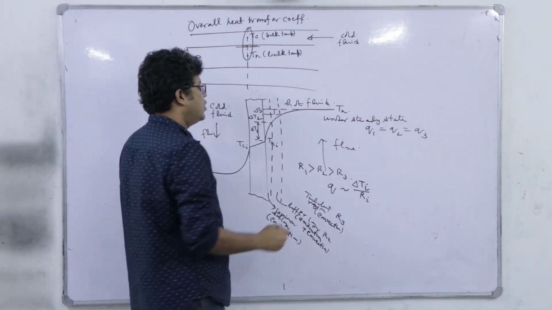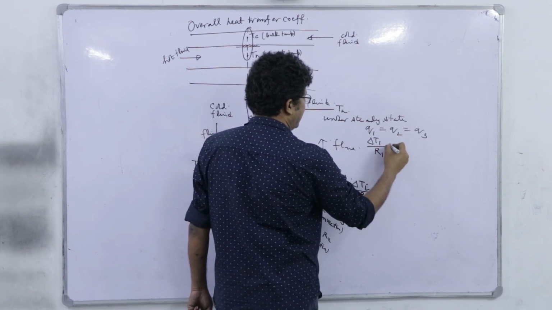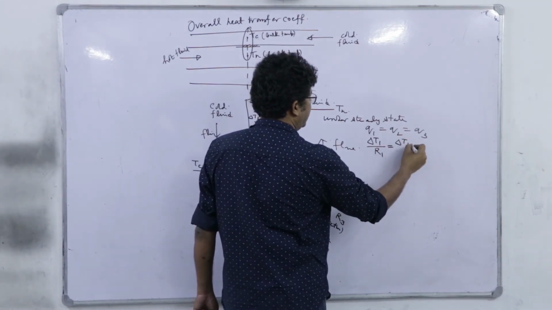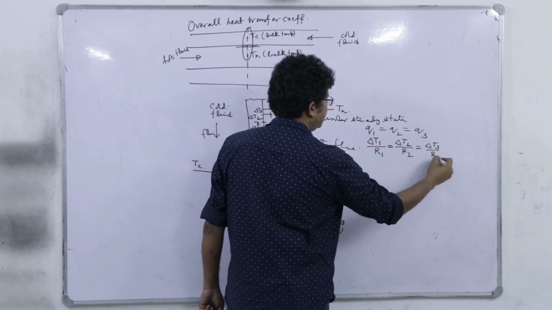So, delta T1 divided by R1 is equal to delta T2 by R2 is equal to delta T3 by R3.